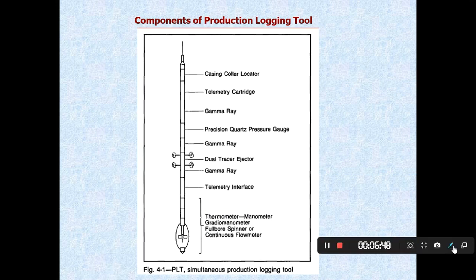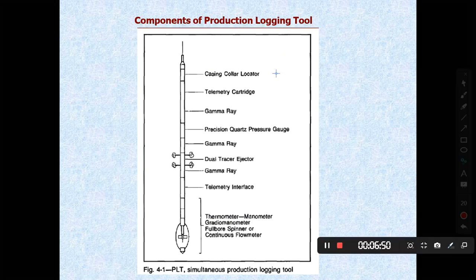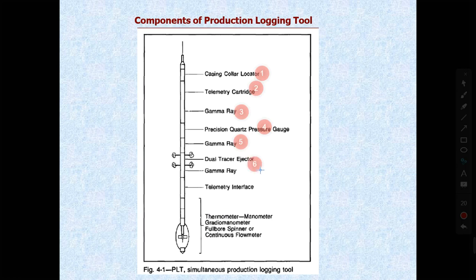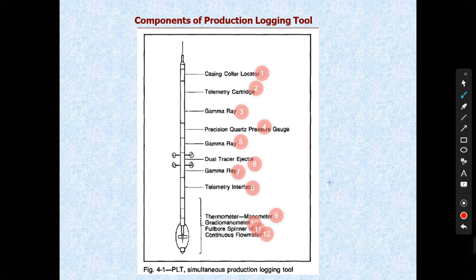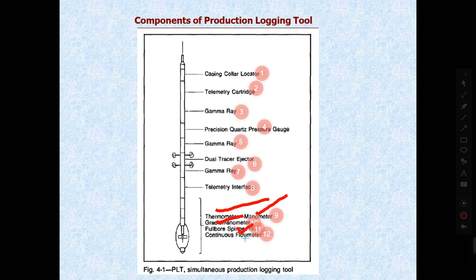So this is the diagram of the PLT. You see we have a number of equipments. We have exactly 13 equipments; look at 1, 2, 3, 4, 5, 6, 7, 8, 10, 11, 12, 12 equipments, for example. Majorly, you see that we have the thermometer, the manometer, the gradiometer, and the spinner to check the velocity and the flow.